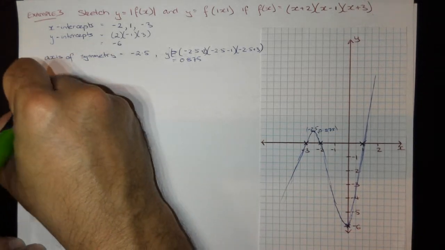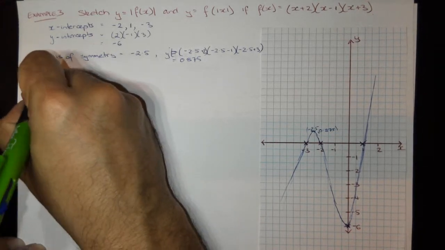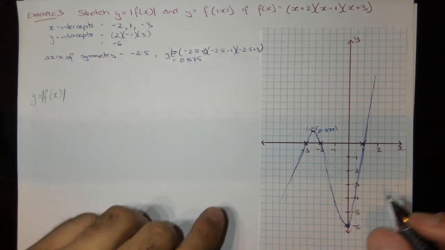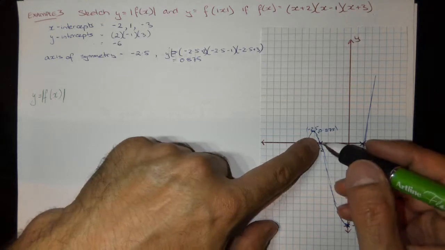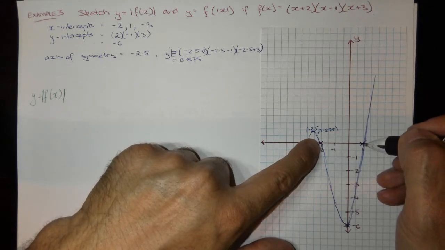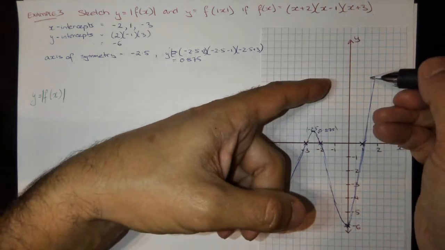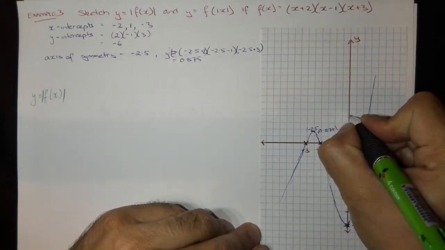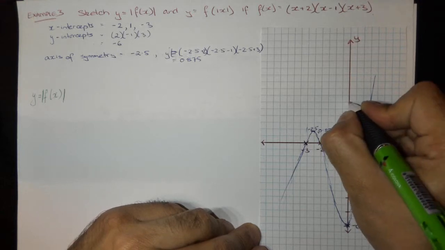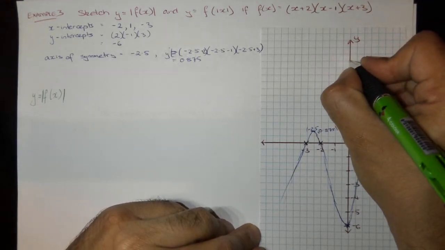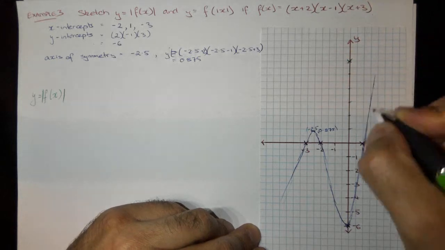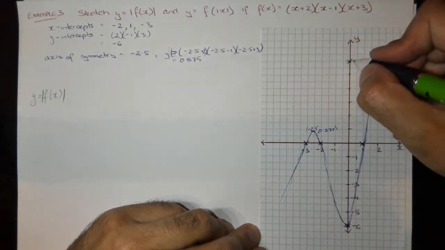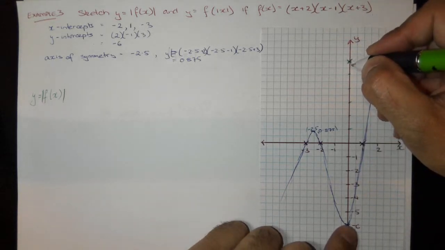Okay. So we're saying that when y equals the absolute of f of x, we're going to take any times it's below the axis, and we're going to flip it up. So we want 1, 2, 3, 4, 5, 6. And so what we're going to get is something that looks like this.